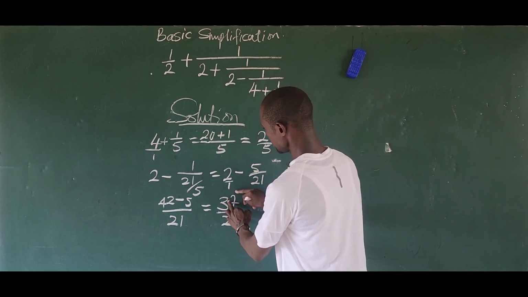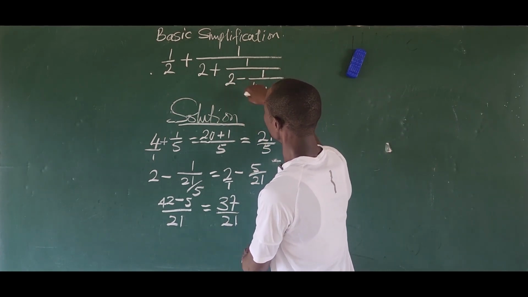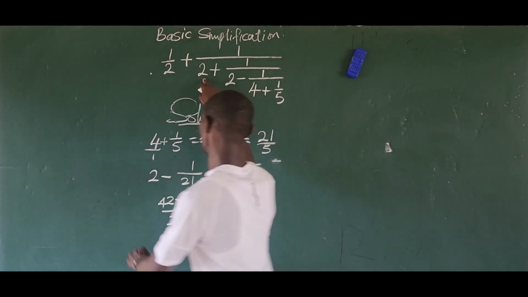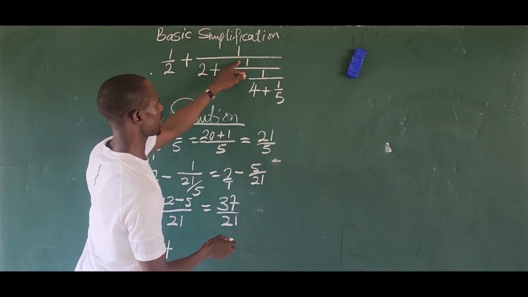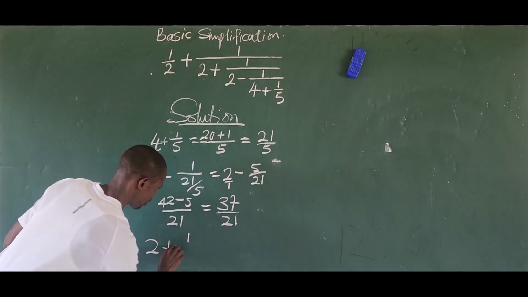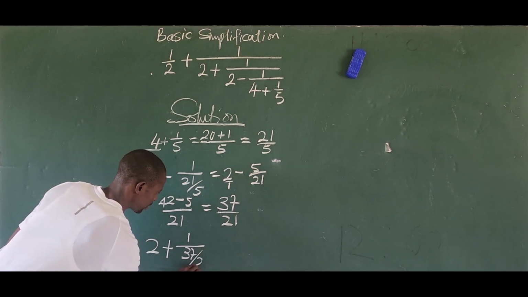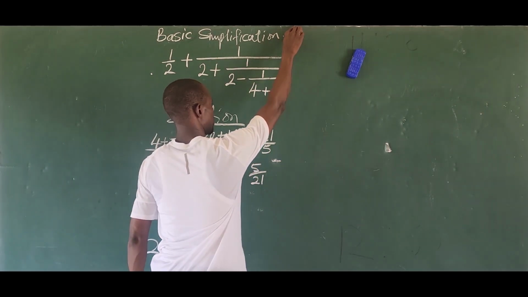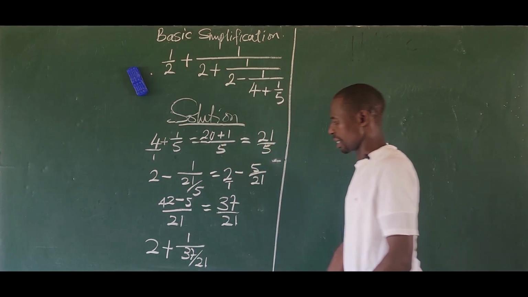So we bring this 37 all over 21 under the whole of this, then we bring this here. So this is going to give us 2 plus, we are taking this one now, 1 all over 37 all over 21. Now let's take a look at this.